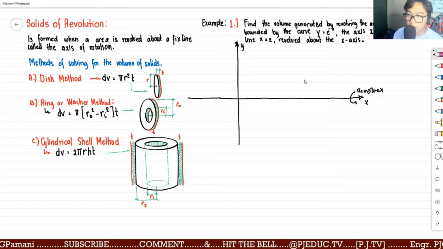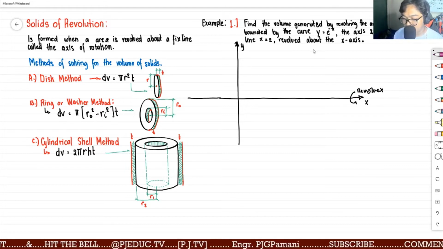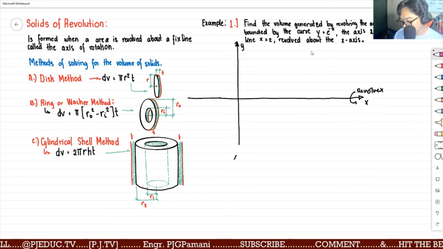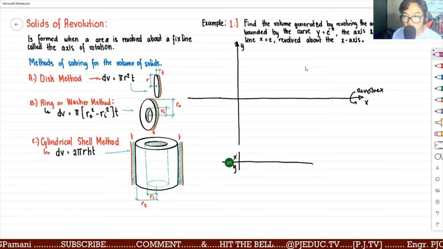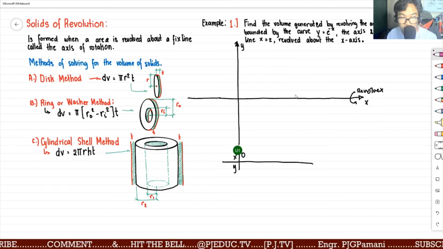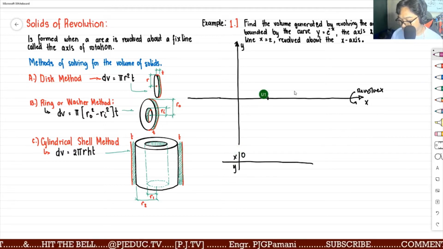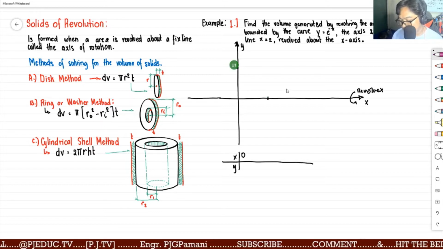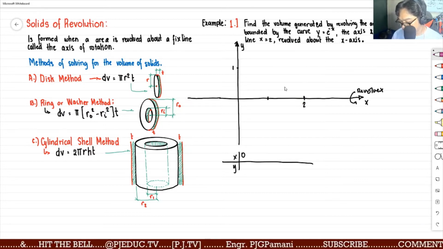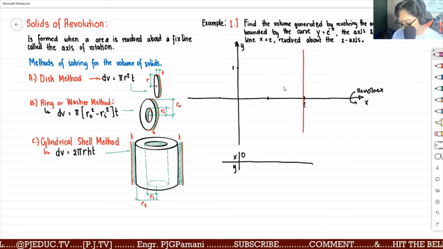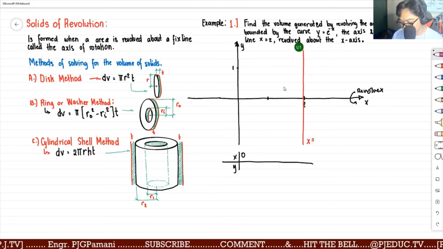But how are we going to plot our curve, which is y equal to e raised to negative x? Let us consider multiple points, x and y. So at x equal to 0, what is the value of y? Let's plot our x line. So this is 2, which is your x equal to 2.